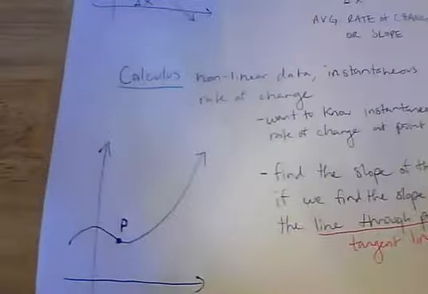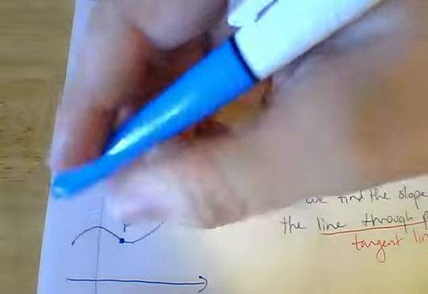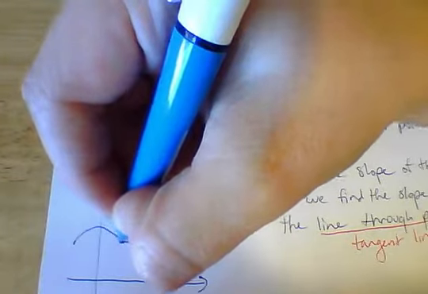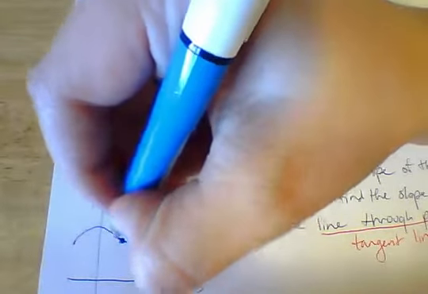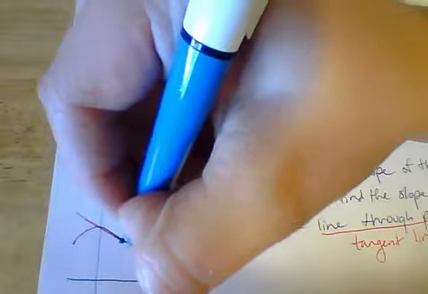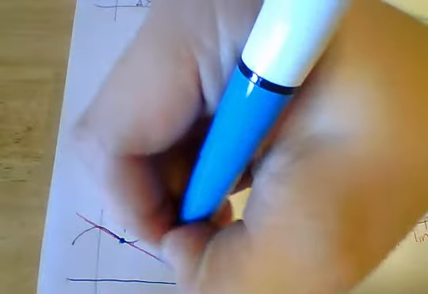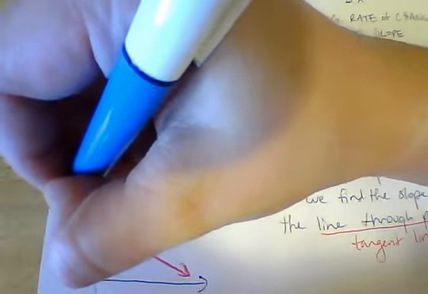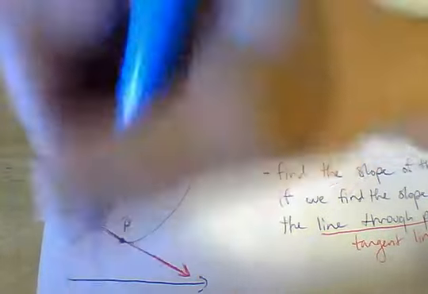And here's what I mean by that. So draw a line with me that goes right through P and has the same slope at that point. So our tangent line at P might look something like this. It's a straight line because all linear equations look just like straight lines.